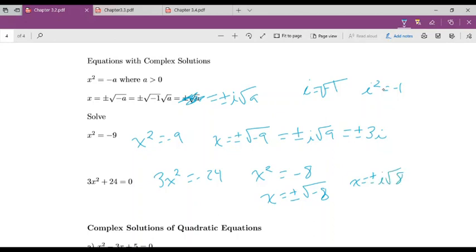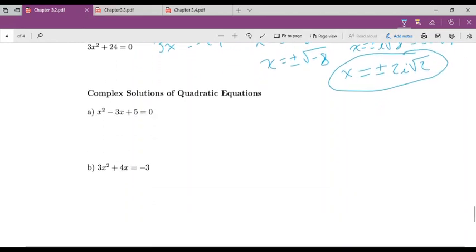We can split that 8 up into a 4 times 2, and we know the square root of 4 is 2, so what we get is x equals plus or minus 2i square root 2, and that will be the final answer we're looking for here.